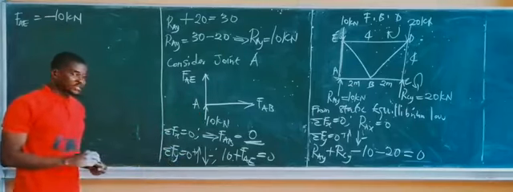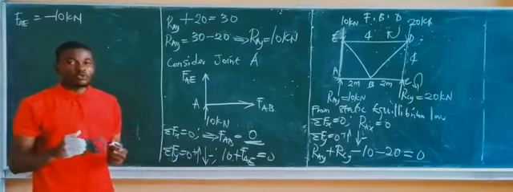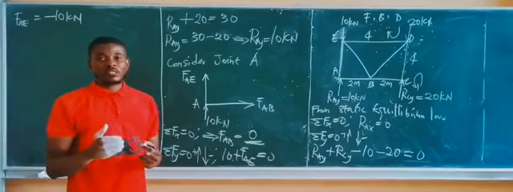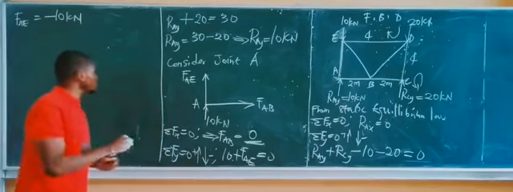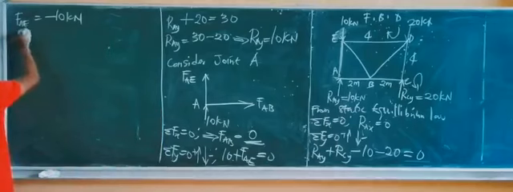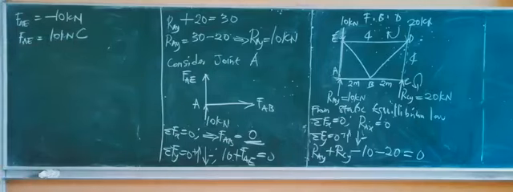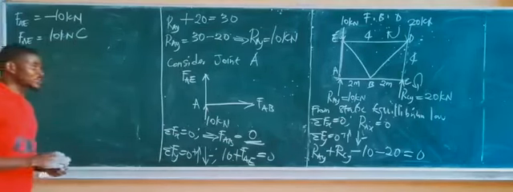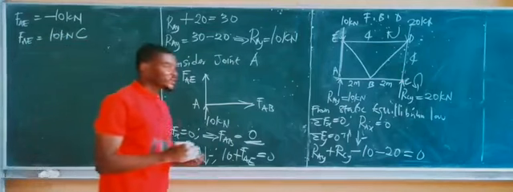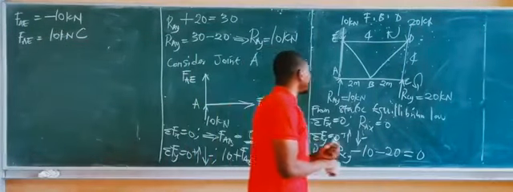It actually means the direction we assumed was wrong, so the original direction of this force is compression. Therefore, FAE is simply 10 kilonewtons C for compression, which shows that the force at that joint is actually compression and not tension. Alright, so we are done with that joint.